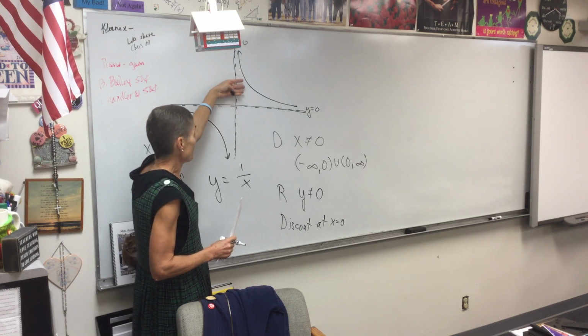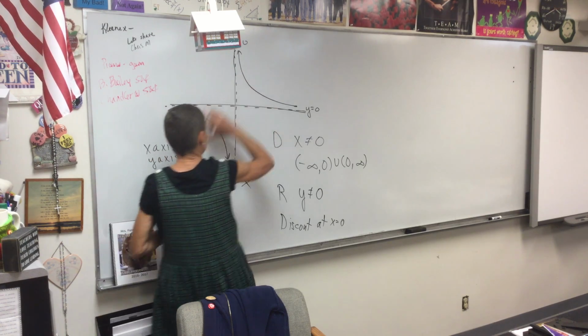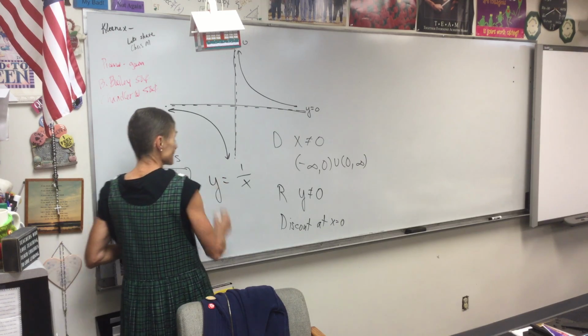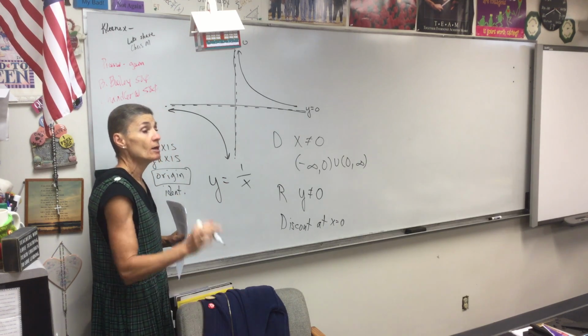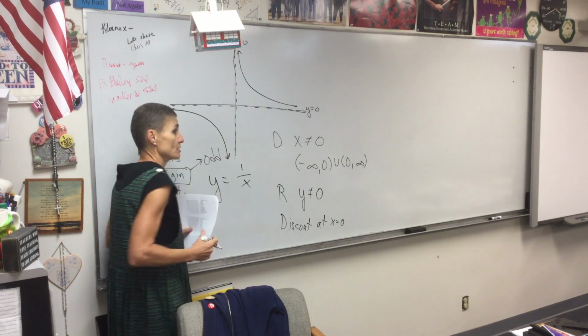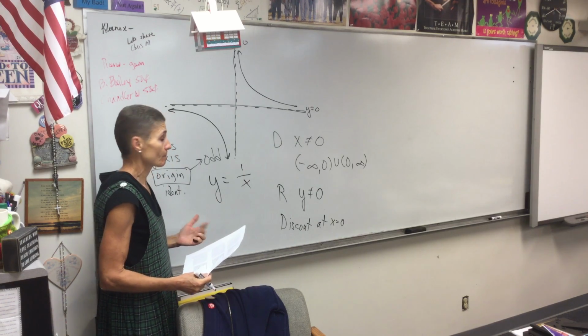No. If I fold my paper on the x-axis, do I get a mirror image? No. If I flip it across the origin, do I get a mirror image? Yes. So this has symmetry about the origin, which, by the way, means it is odd.